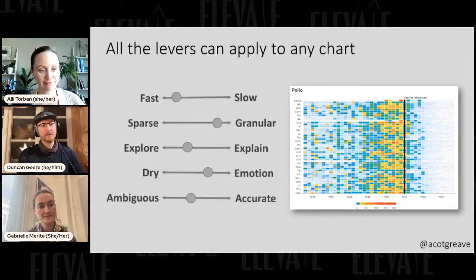Any thoughts on that? I think it's quite interesting that the slider here goes from dry to emotion. I feel like maybe dry to engaging might be a better way of putting it, because emotion is one of several ways that you can use to engage people. It's about getting people to care about something that they might not otherwise care about, right? Something like that.